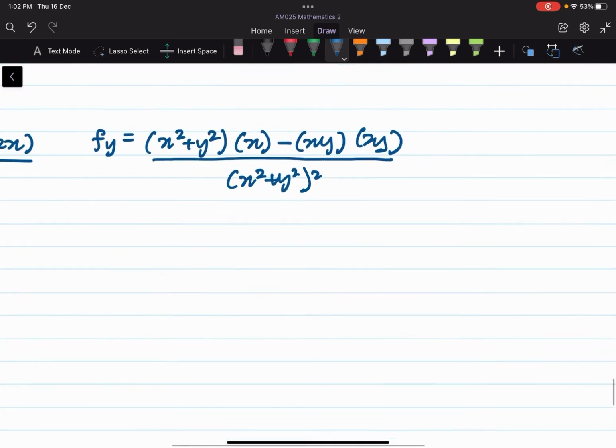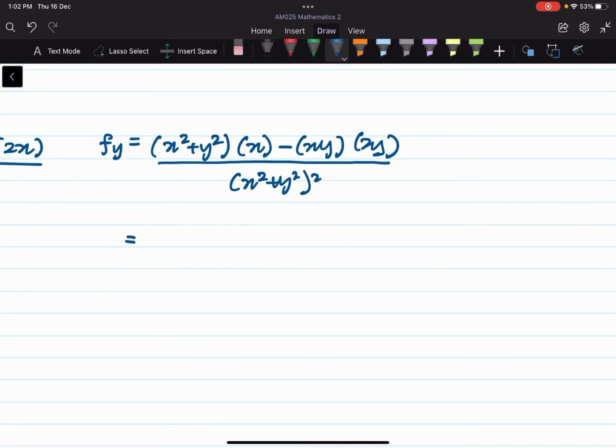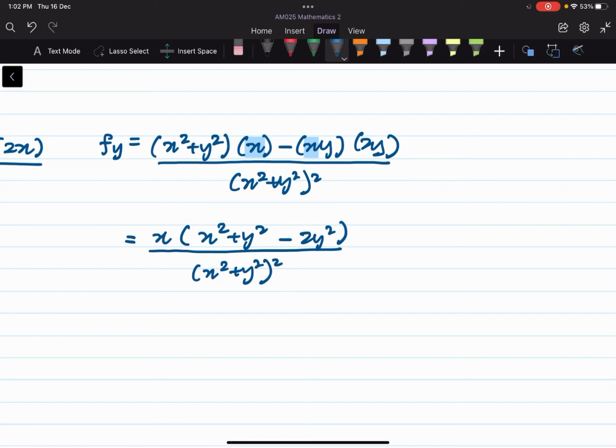So now let us simplify this. You may expand if you want, but let us factorize x. We're left with x squared plus y squared, minus y times 2y, which is negative because there's a negative here, so negative 2y squared, divided by x squared plus y squared, squared.